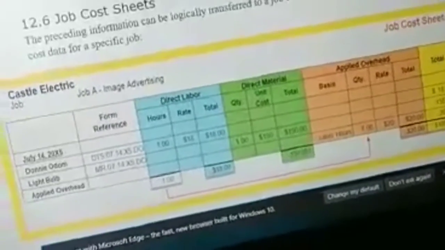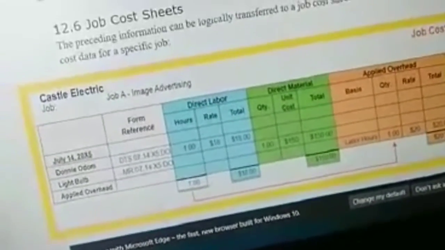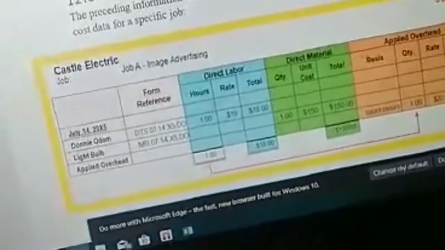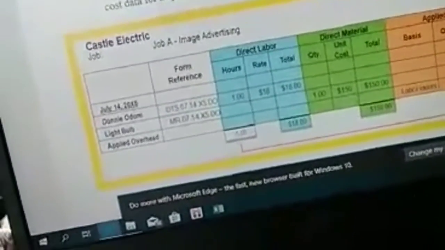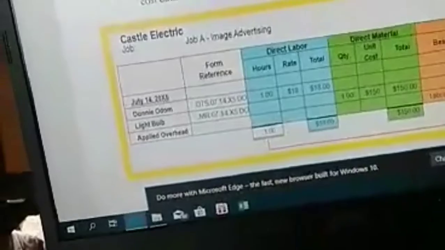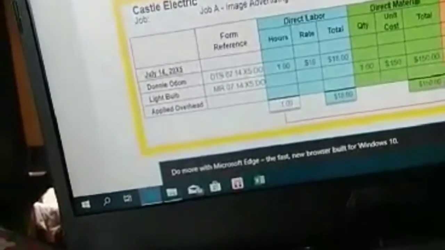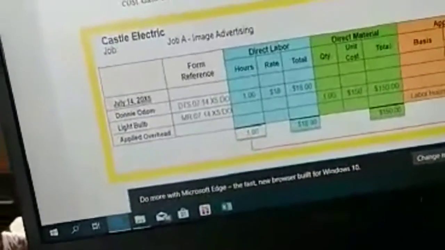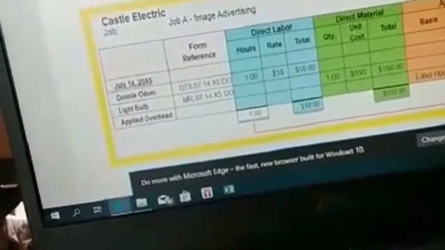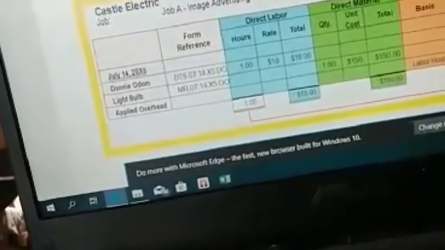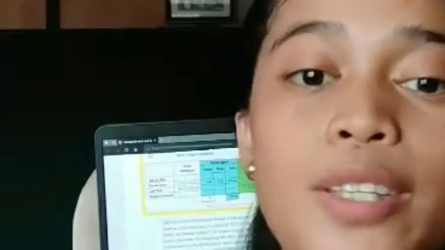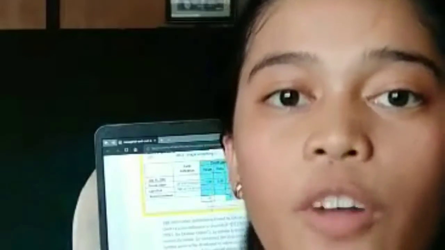If you can see, this job cost sheet involves the employee's form reference, the direct labor hours, rate, total, and direct material quantity, unit cost, and total, and applied overhead, the basis, quantity, rate, total, and the total of the cost. So I explained about this job cost sheet.